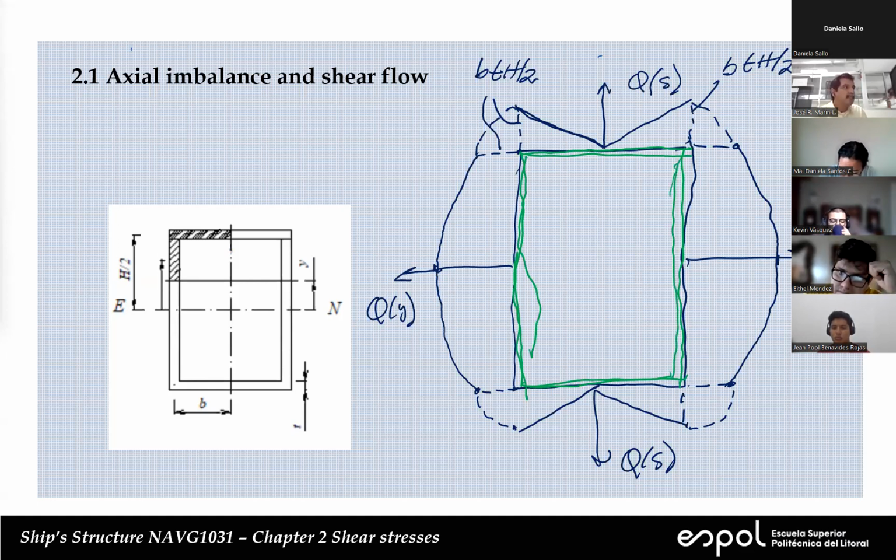There, and you see that's the variation of the Q. That's the first moment of the sector measuring from the neutral axis. Question, people? Questions? No questions?